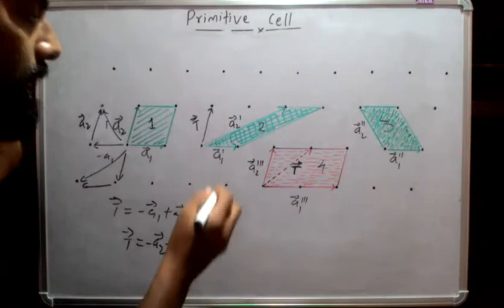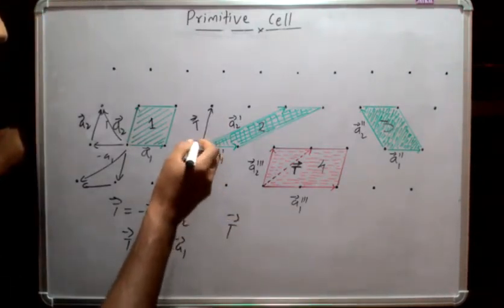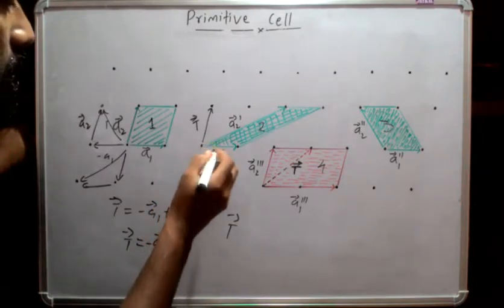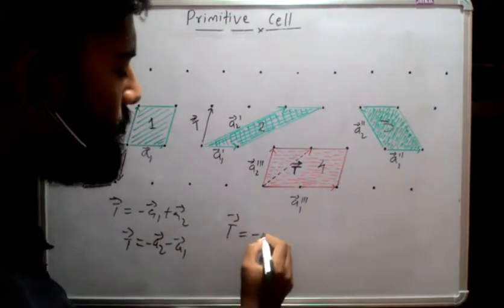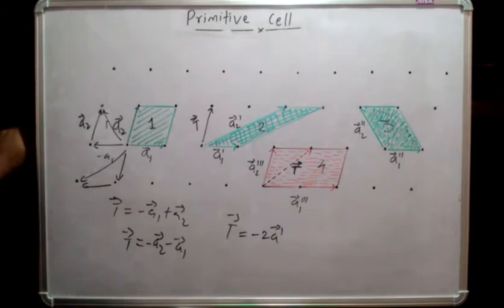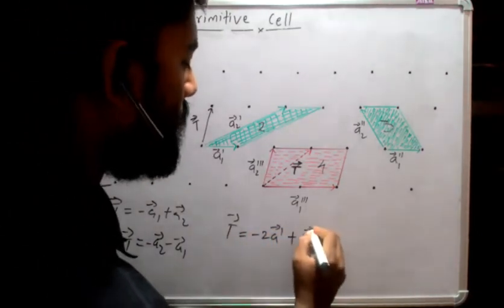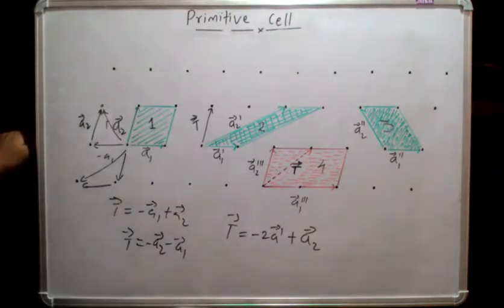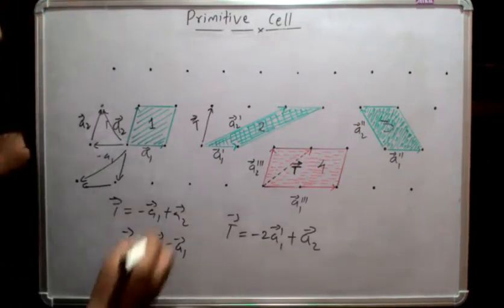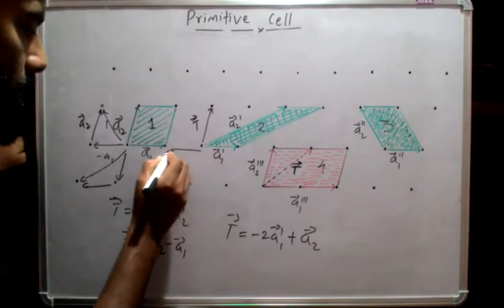Translation vector T as minus 2 A1 dash plus A2 dash. Minus 2 A1 dash is this one.